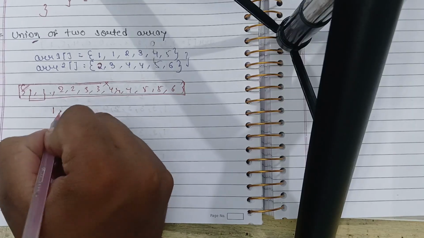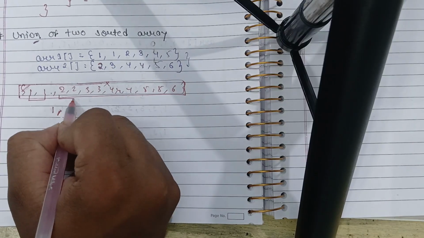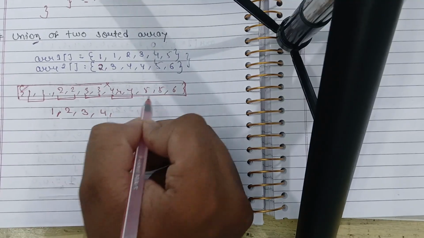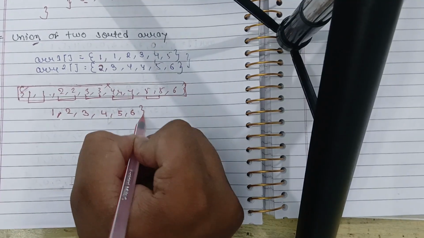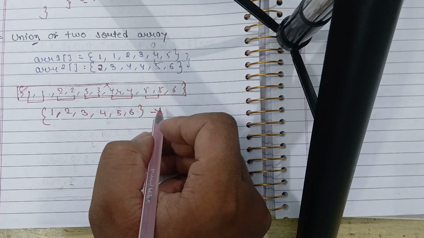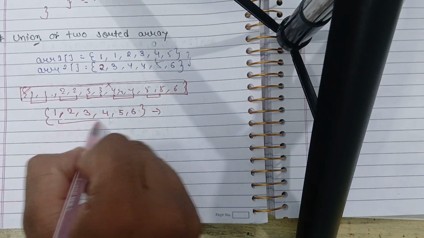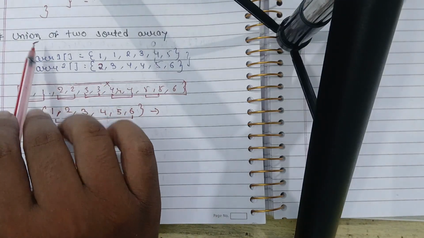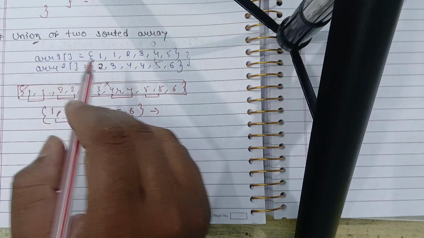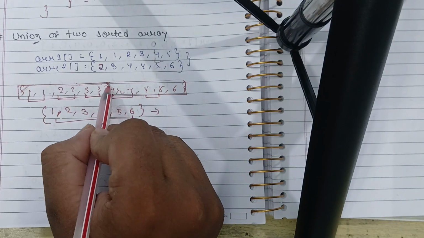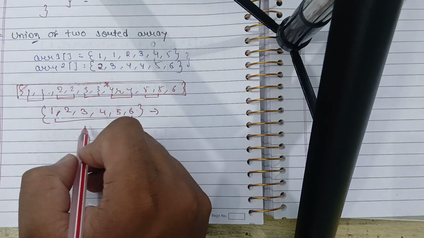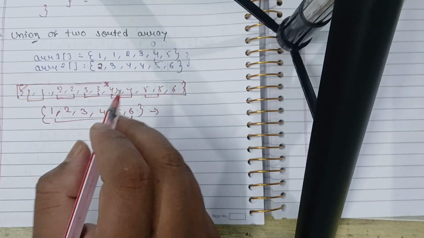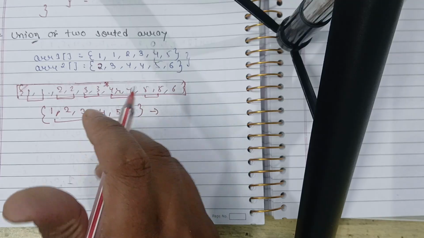One is appearing twice, so take one only once, then 2, then 3, then 4, then 5, and then 6. This is what you need to return, and it must also be in sorted order. So you have understood the problem. It is not asking you to merge the arrays, it is asking you to union, which means every element appears once.